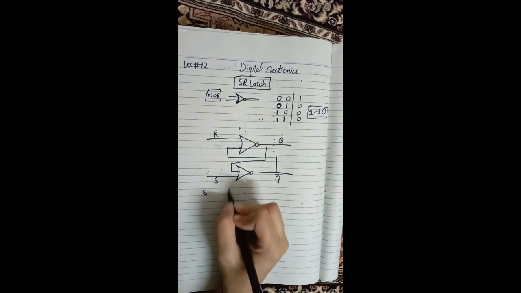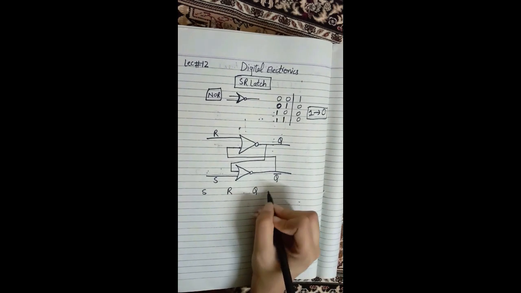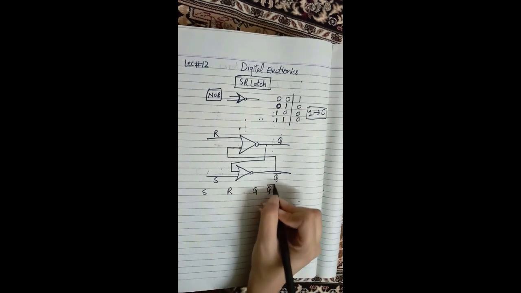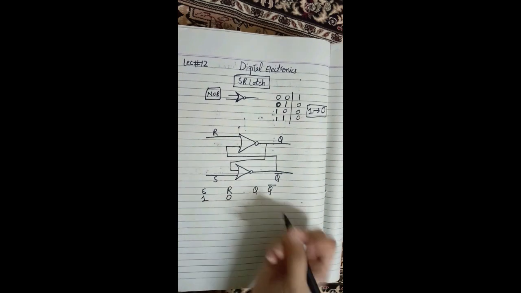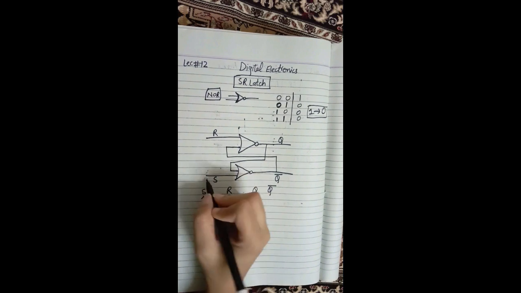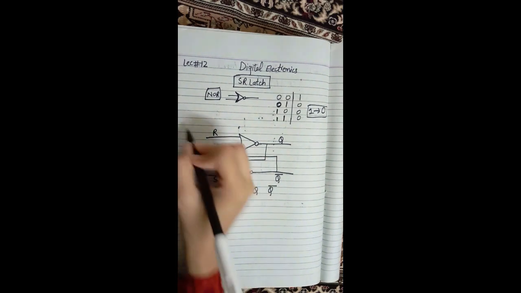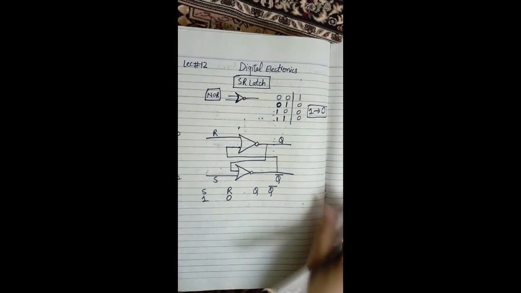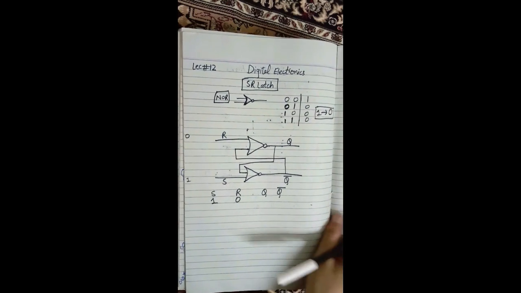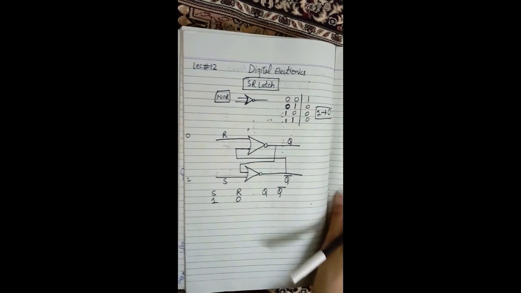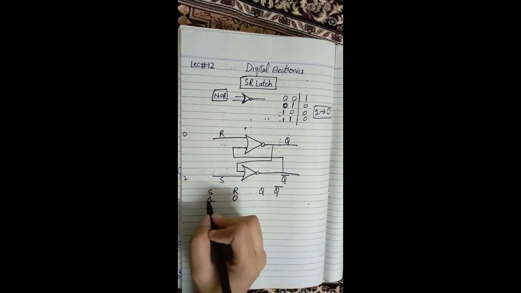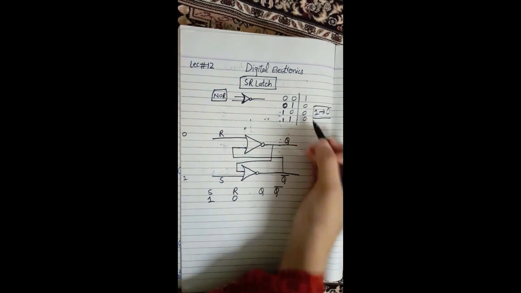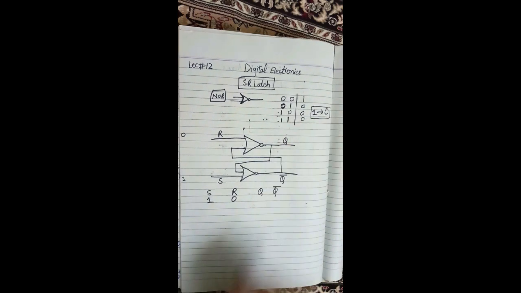Now we will make its truth table: S, R, Q and Q bar. We have 1 and 0. So when S is 1 and R is 0, we can see that whenever we have a 1 input, the output will be 0.